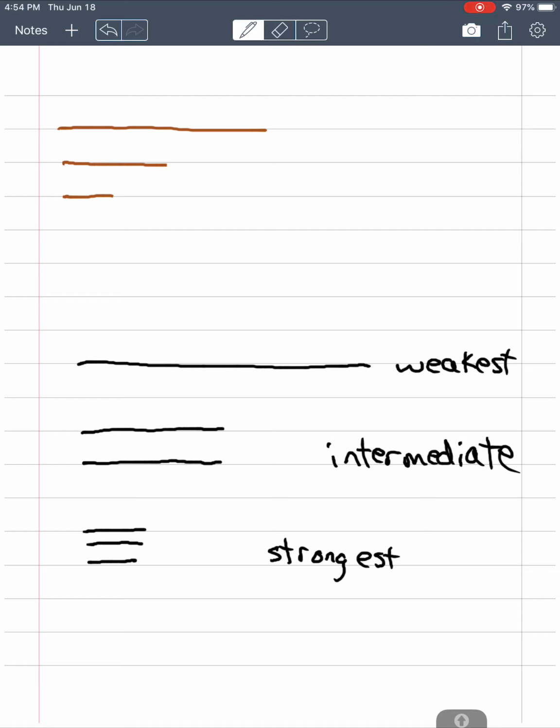All right, so what I'm going to do is I'm going to go to chapter summary. No, I'm going to go to exercises at the end of chapter 4. I'm going to pass by the review questions and get to the problems by topic. And I'm going to do some Lewis dot structures for some compounds.